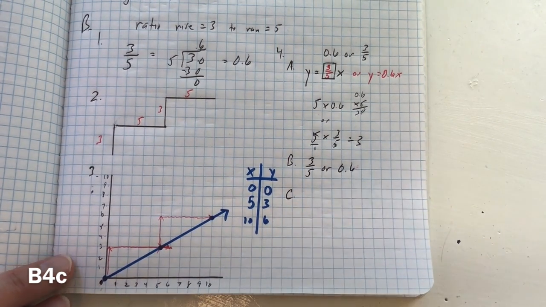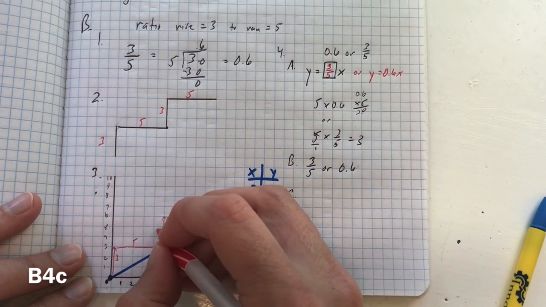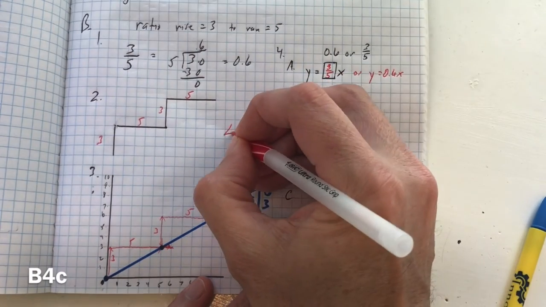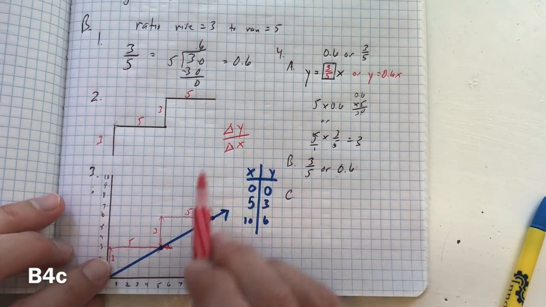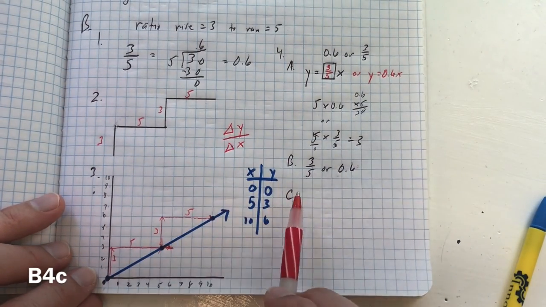You see that constant repeating of the 3 and the 5. Remember, we always said the change of y over the change of x, that's the 3 on top and the 5 on the bottom. That's how we have that.